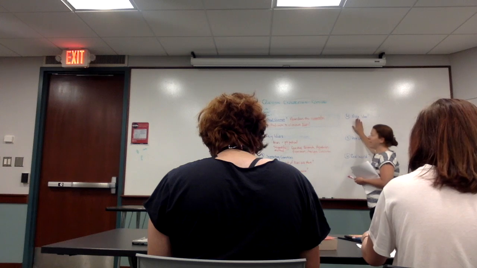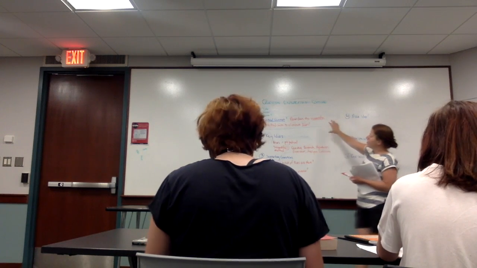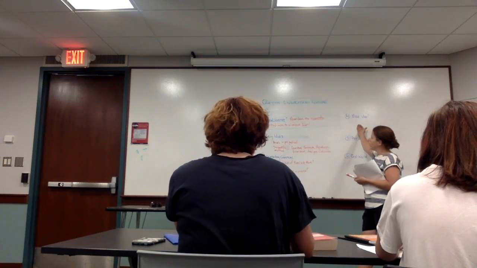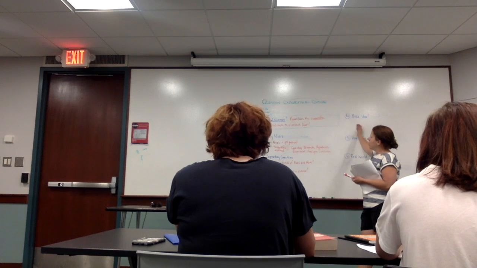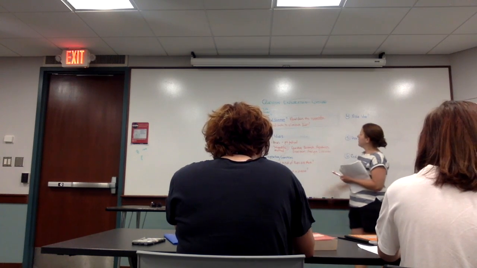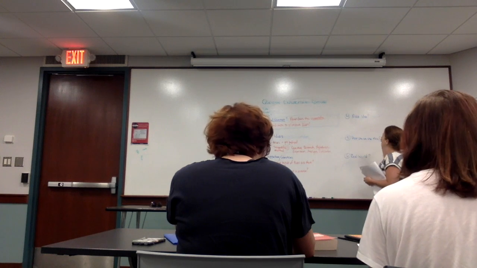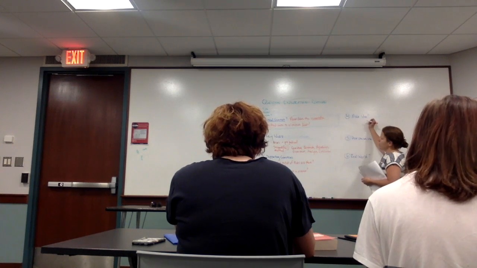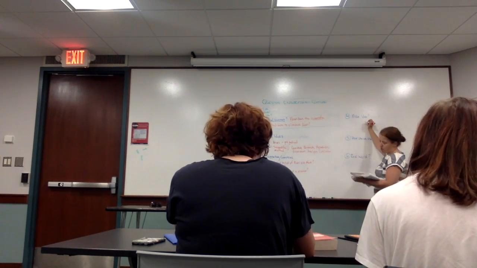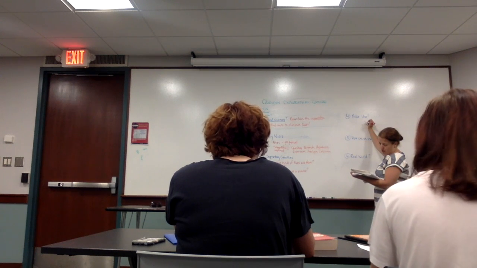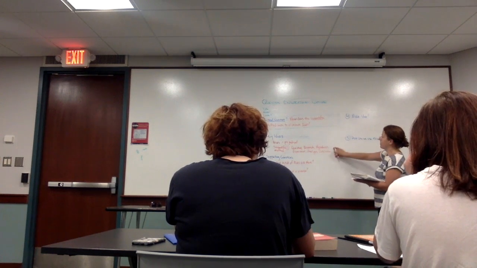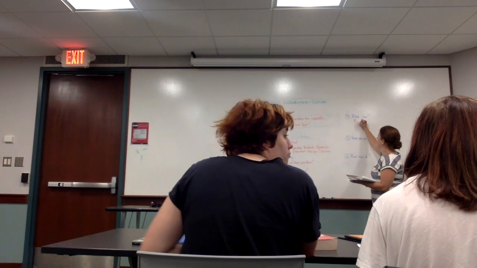So then we move on to our main idea. That's where we take our question and flip it into a statement. So, how does the scientific method aim to eliminate bias? We could say, let's see, how about by following the steps of the scientific method.